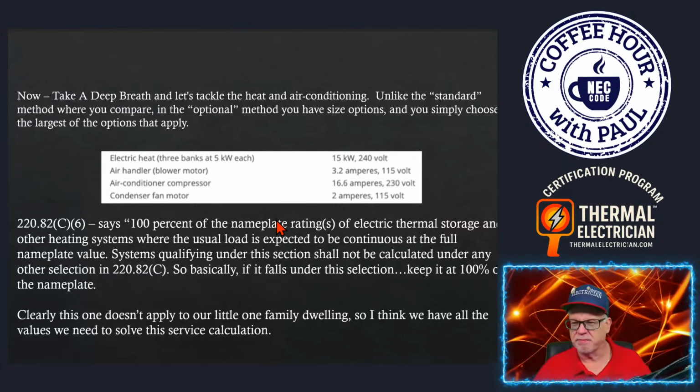It was pretty easy because really, they brought me the load values for it, and that's what I use. So keep the 100% of the nameplate, and that's it. It makes it simple. I have not seen any dwellings since then that would have this type of system, and if it is, it's minimal.